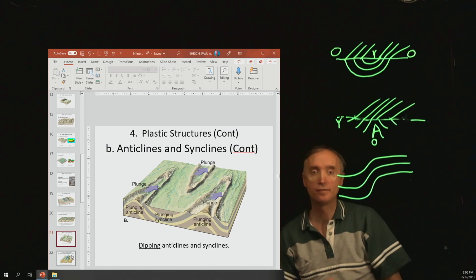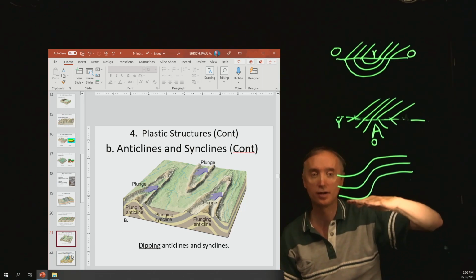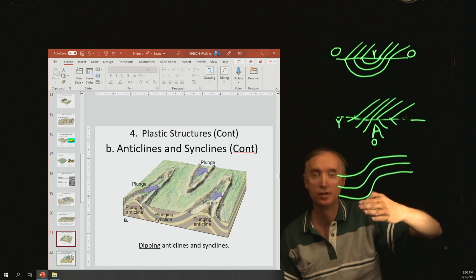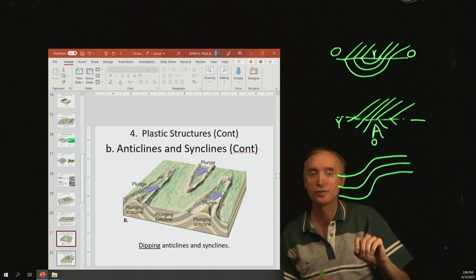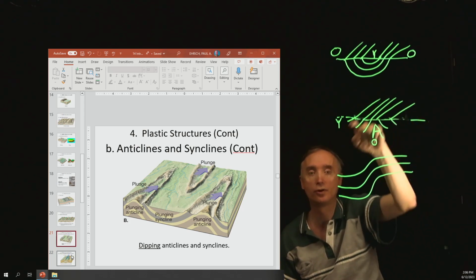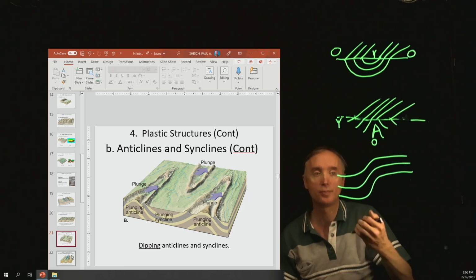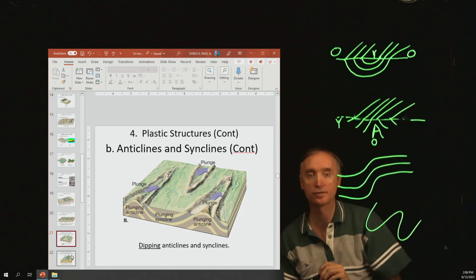You could also have a situation in which an anticline or a syncline is tilted. So in the same way that we had horizontal beds and they could be tilted, so can an anticline and a syncline. Notice that instead of making stripes like it did before, it kind of makes a pattern that is kind of S-shaped, like this.